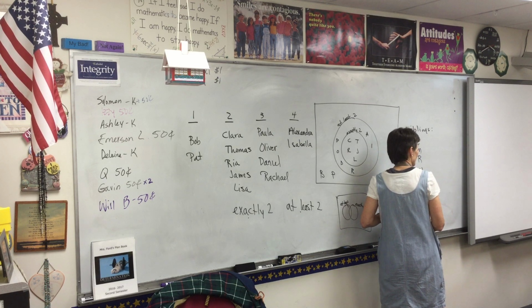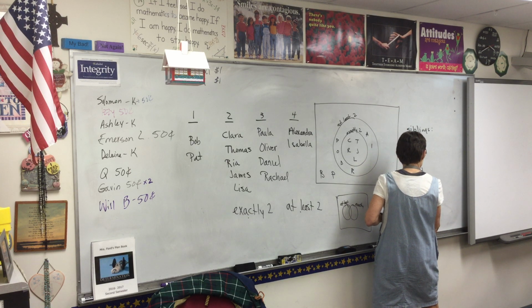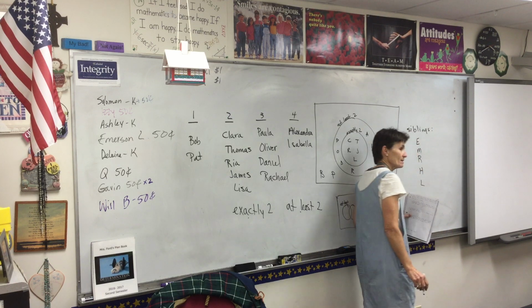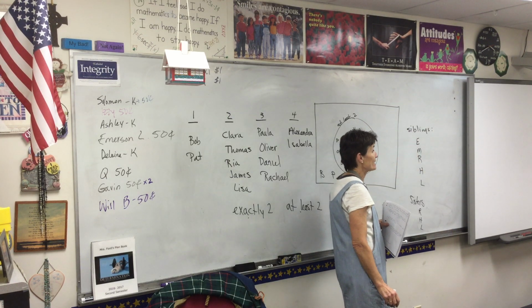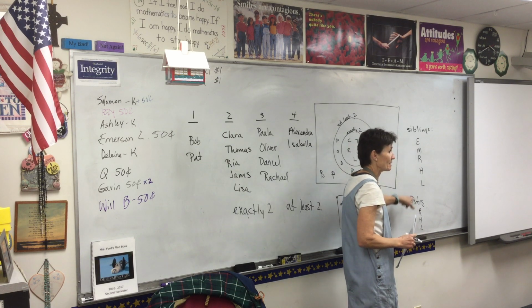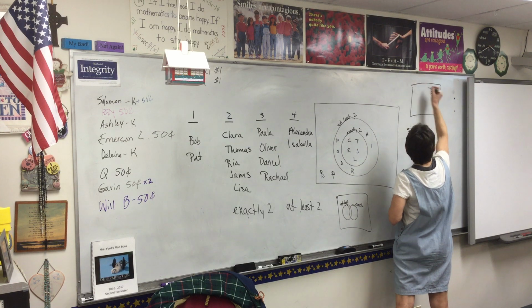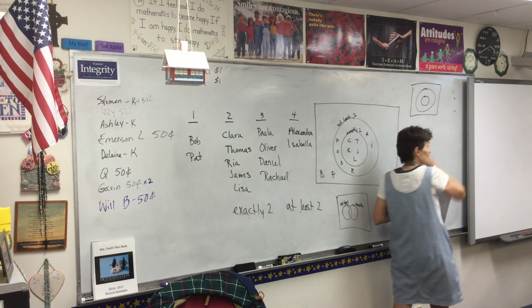Those are my siblings. My sisters are Rhonda, Robin, and Leslie. So if I built a Venn diagram consisting of my siblings and my sisters, wouldn't my sisters be inside the siblings one?